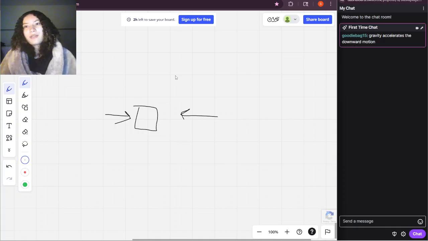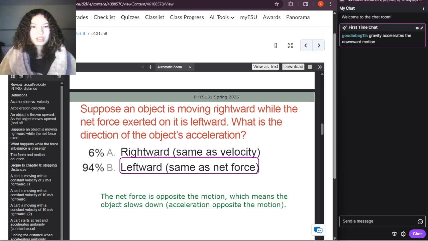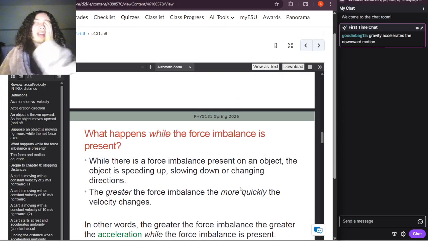Well, since it's the net force, it's going to be left, right? So that makes sense. The net force is opposite the motion, which means the object slows down. It's pushing rightwards, but there's more of a force against it, so it's slowing. A lot of this is kind of common sense, but it's taking a long time to click in my head a little bit.